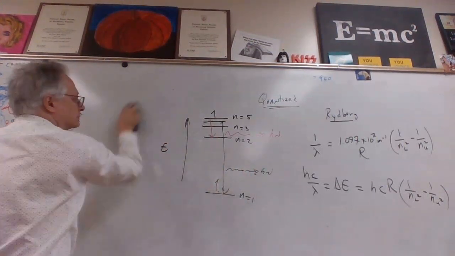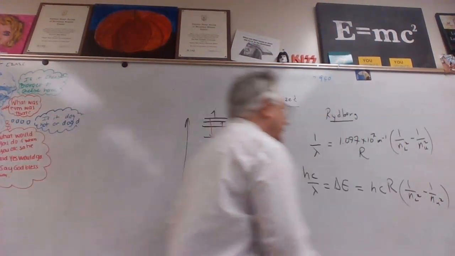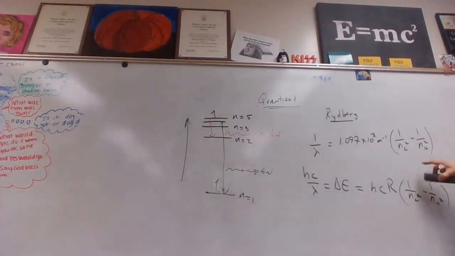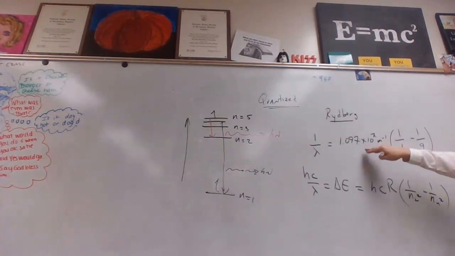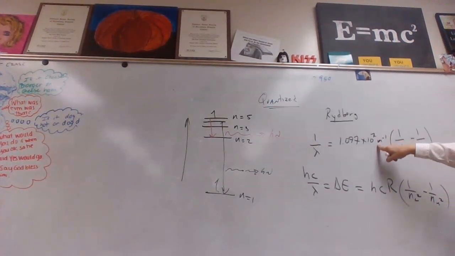So here we go. We've got our little equation right here. This is easy. The lower level is just 1, and 1 squared is just 1. And I drop down from the n equal 3 level, so 3 squared is 9. What I do on my calculator is I do this part first and multiply it.